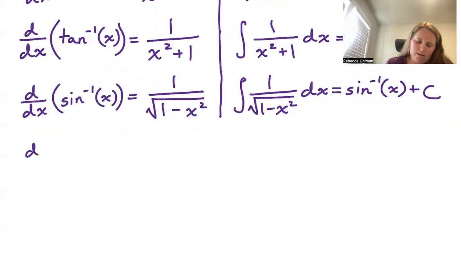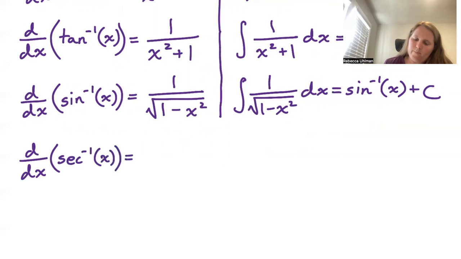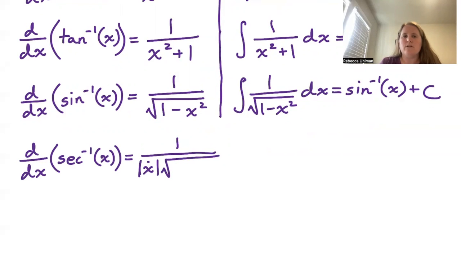And finally, the derivative of secant inverse of x was 1 over the absolute value of x times the square root of x squared minus 1. I apologize, I have an extra little dot in here.